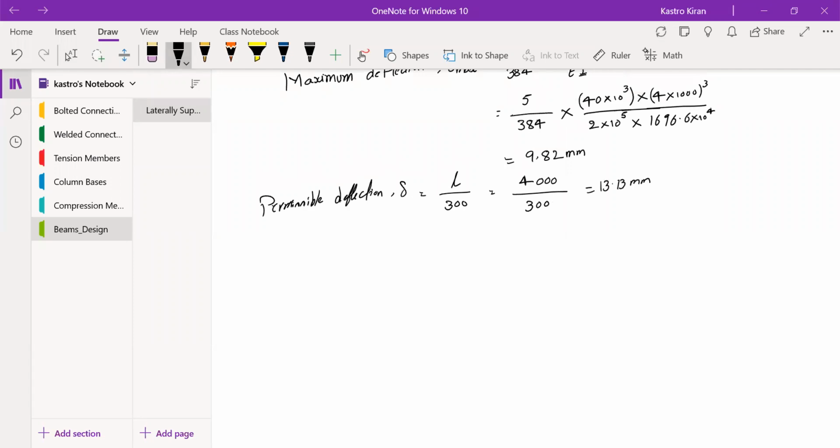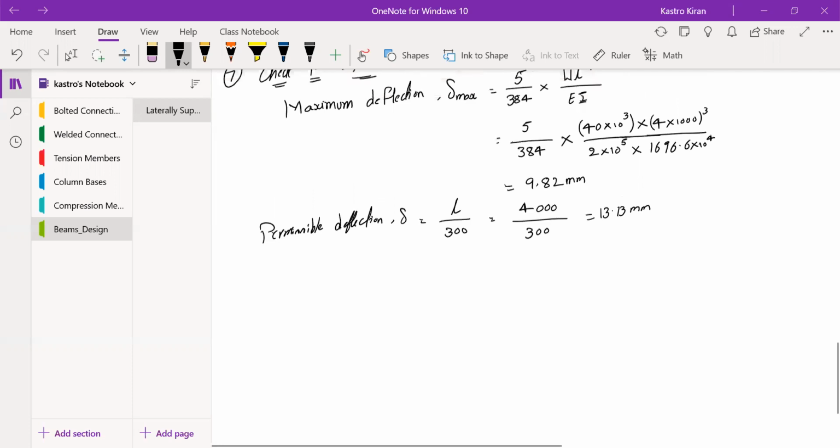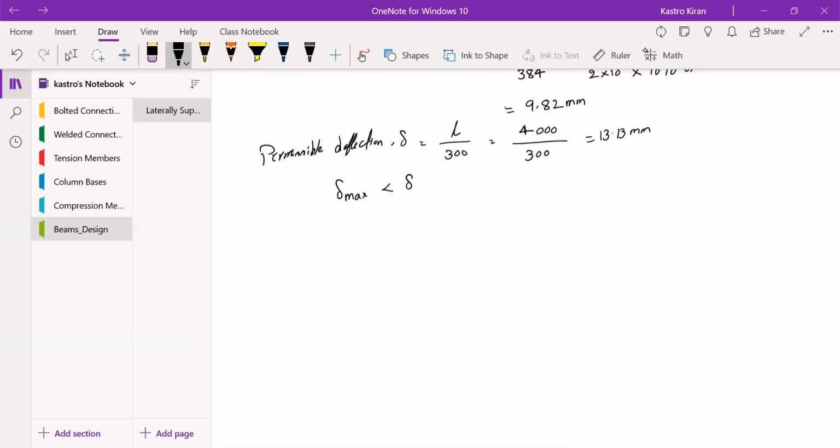13.13 mm, right? In the last class, we discussed that based on the permissible deflection and the maximum deflection, the maximum deflection must be less than the permissible deflection. Here the maximum deflection is 9.82, which is less than the permissible deflection, that is 13.13 mm.